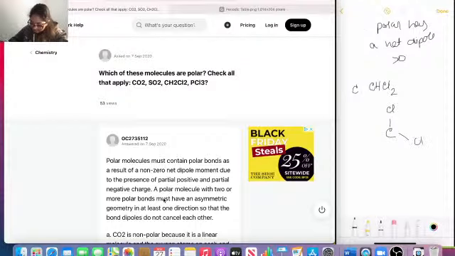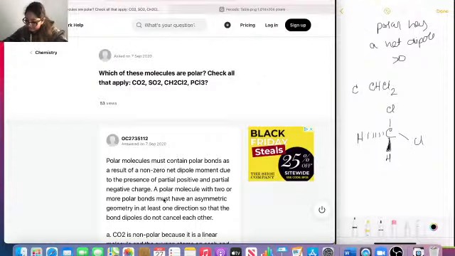We have 2 Cl's and 2 hydrogens. As you can see, this is tetrahedral, and this is called dichloromethane.